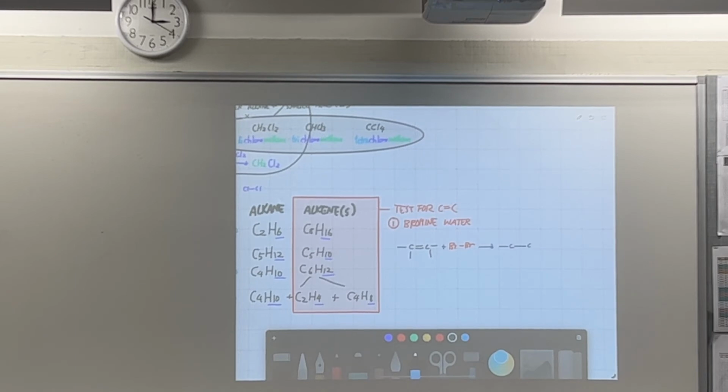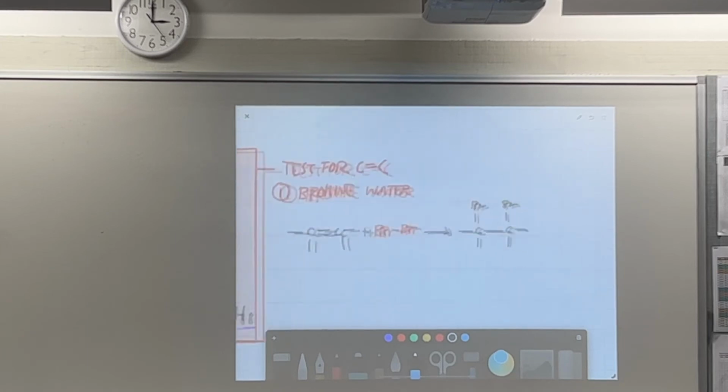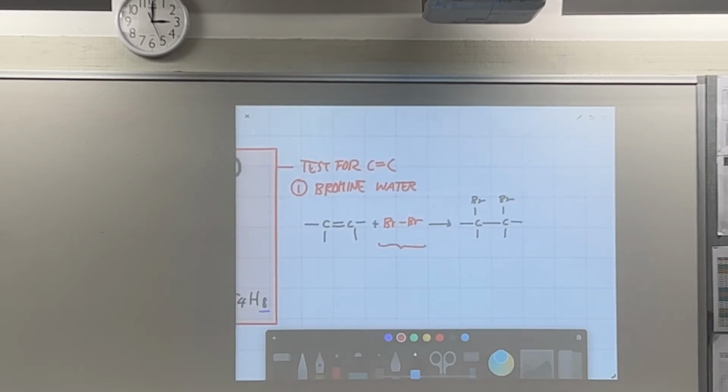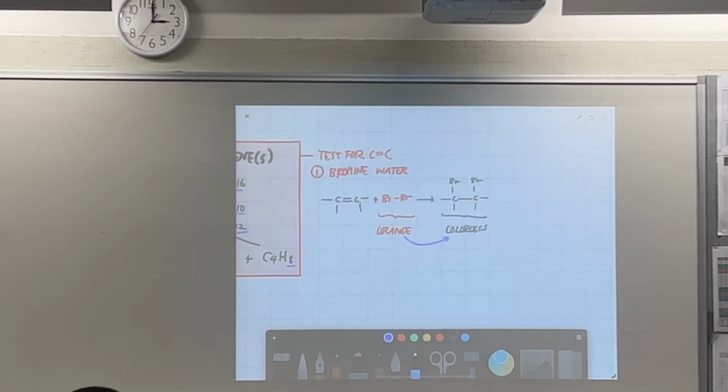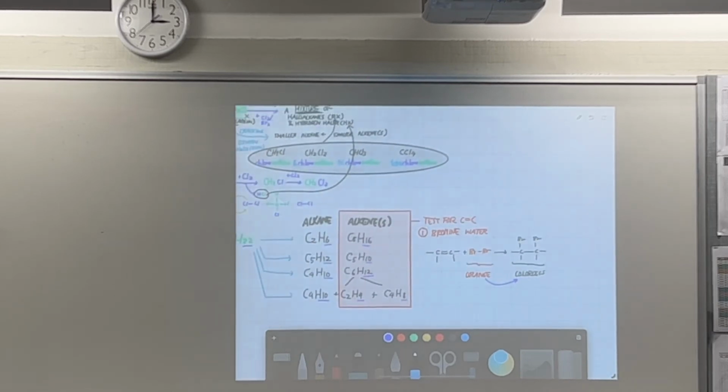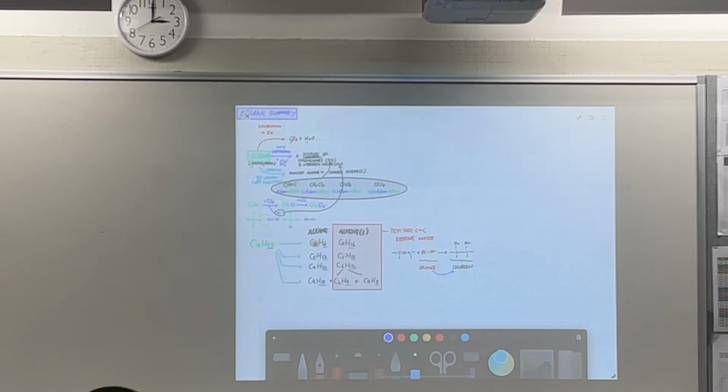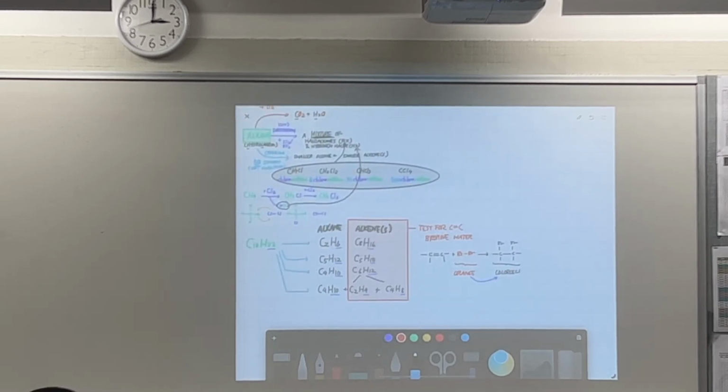This is why I'm writing it in black, because it now loses its color. It was orange or brown, but then it becomes colorless at the end. This is the test for the C=C double bond, we call it the bromine water test.